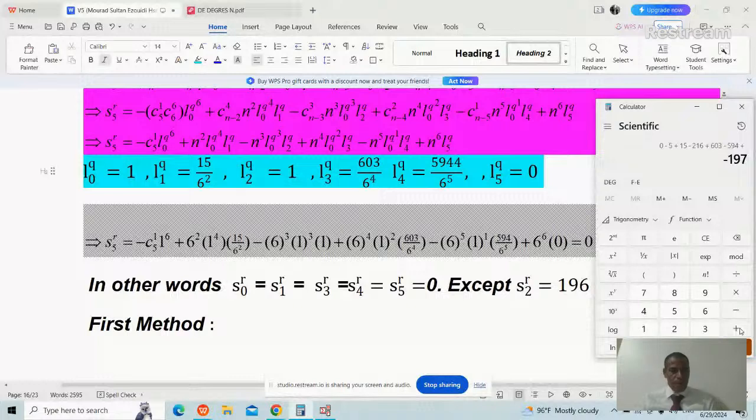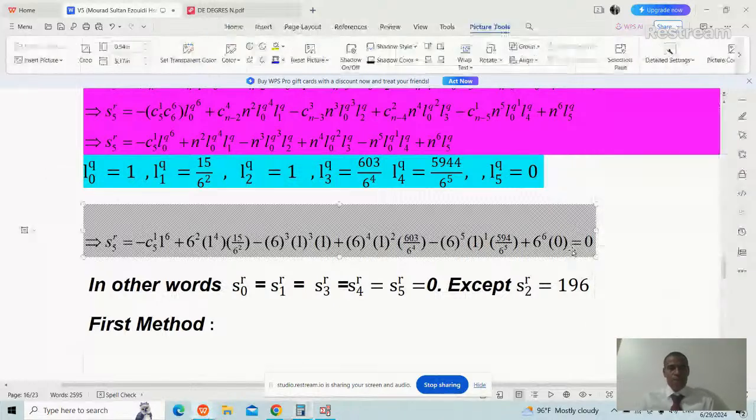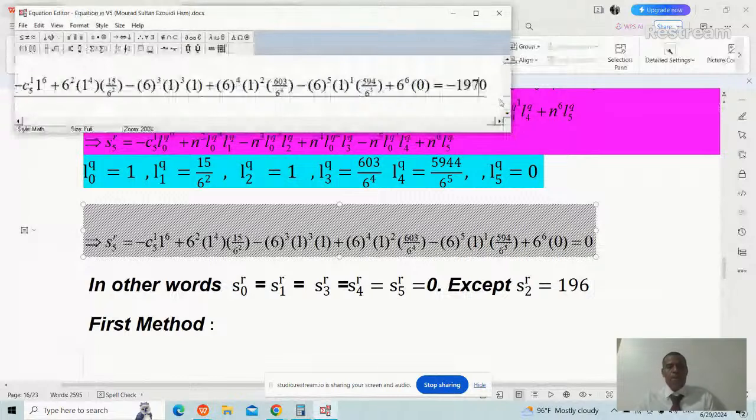This one is equal to negative 197. Okay, now I finish the work.